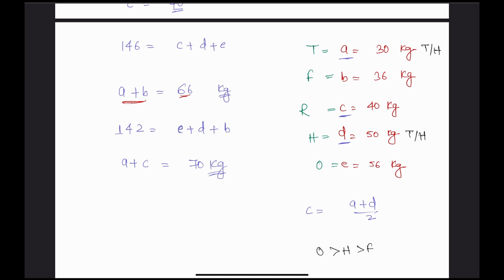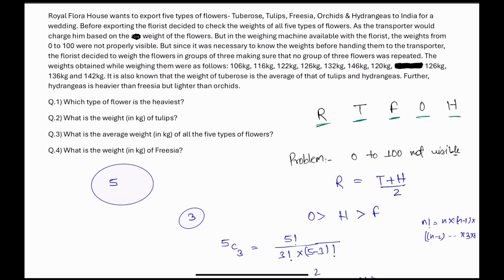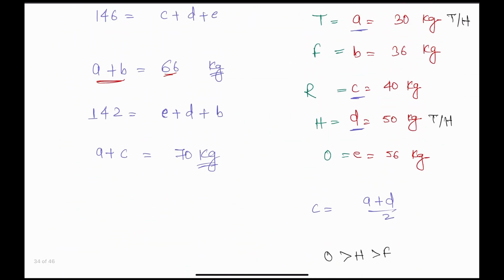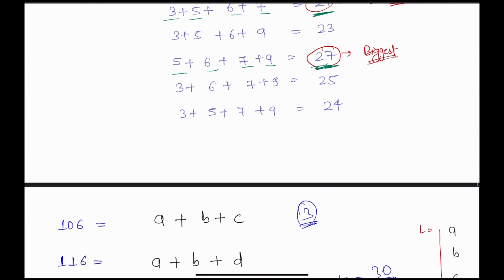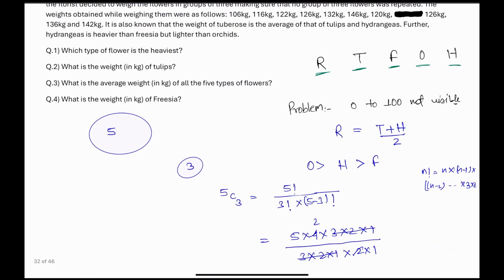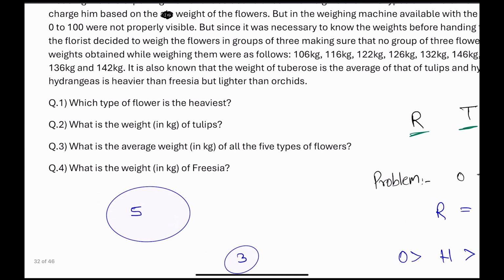So this is the answer, but let's now solve the different questions. Which flower is the heaviest? The heaviest one is 56, that is E. So the answer of the first one will be orchid.